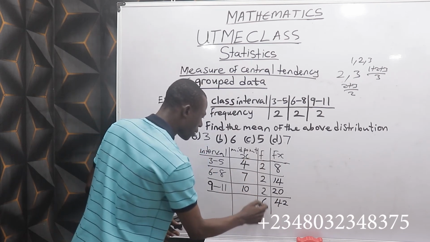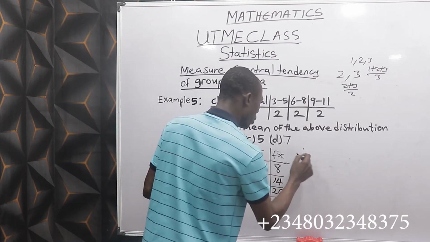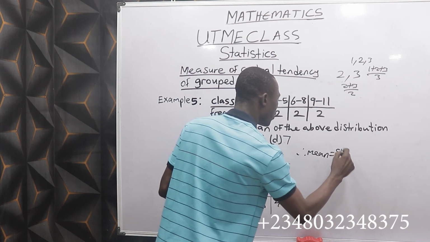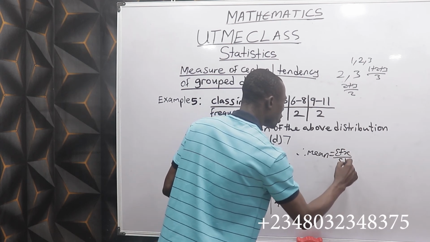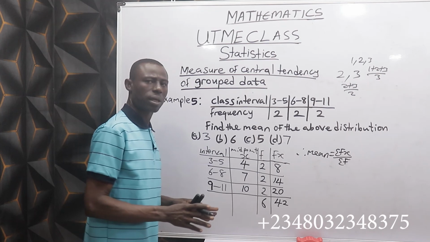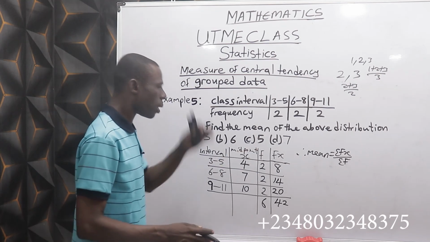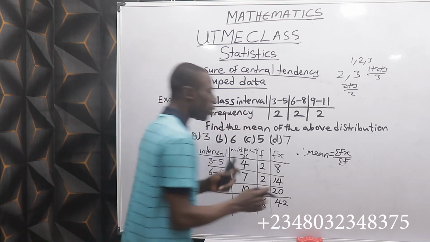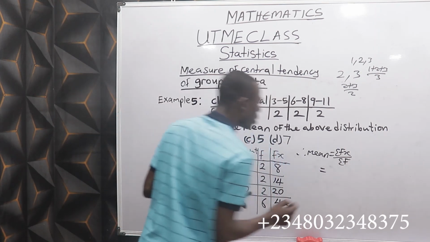Summation F is 6. Therefore, mean equals summation Fx over summation F. That is constant as the formula for finding mean, whether grouped data or ungrouped data. So far, it is in table, in tabulated data. So that is it.